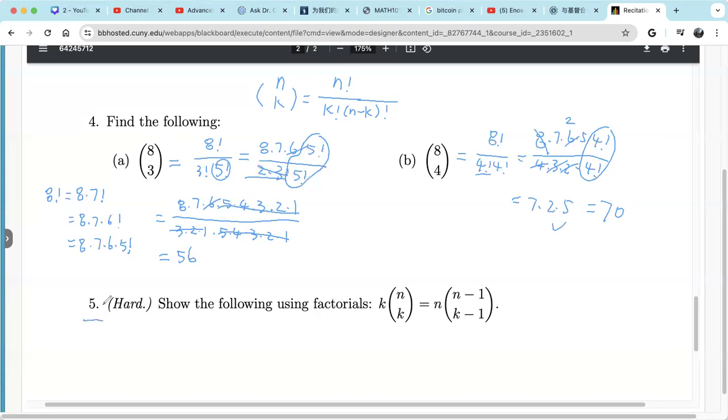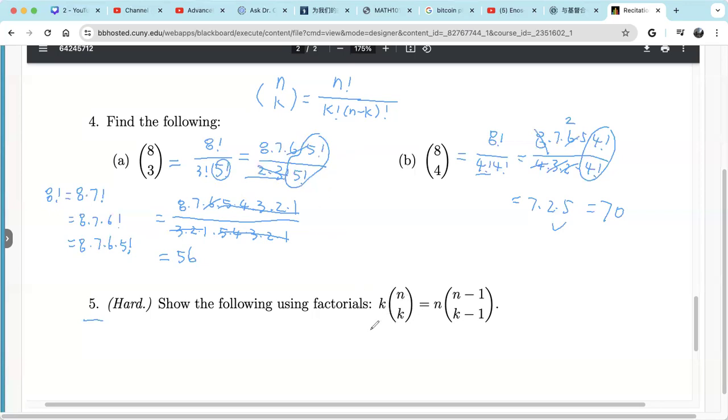Lastly, we want to prove this identity. Okay, factorial identity. This means out of n, pick k, then multiply by k is the same as out of n minus 1, pick k minus 1, multiply by n. Now, we just use the definition, right?